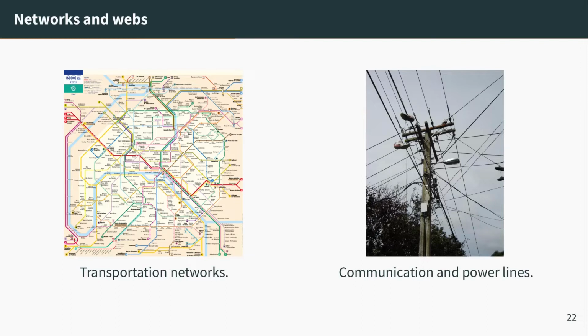Basically, the need to send information packets, either audio communication or today internet bytes, from one place to the other, and we have a physical network where we have data centers, data hubs, and physical lines that join them together. So sometimes this description is actually the one that you have in the physical world.